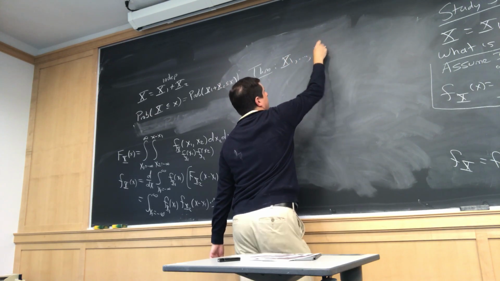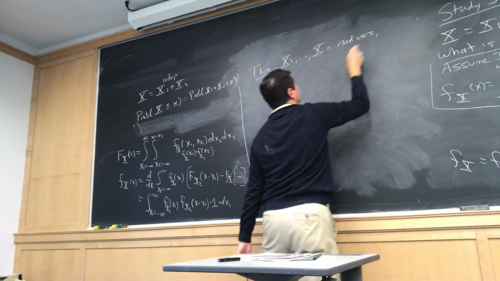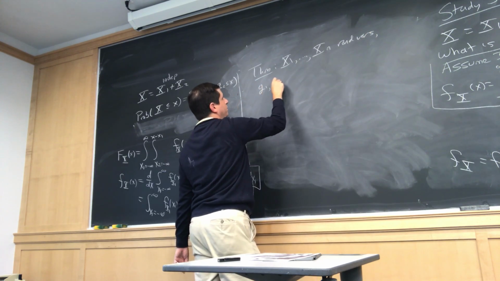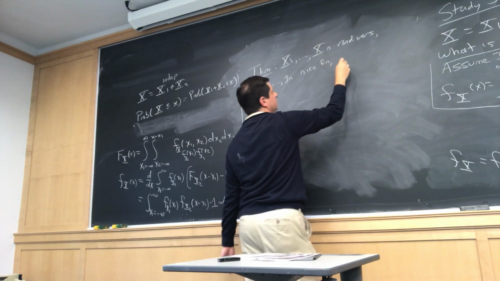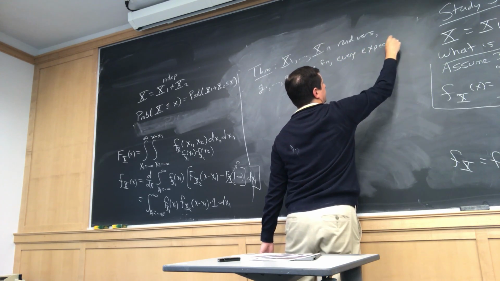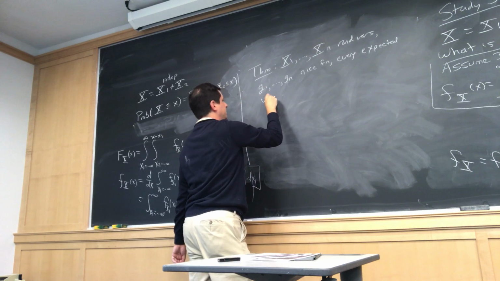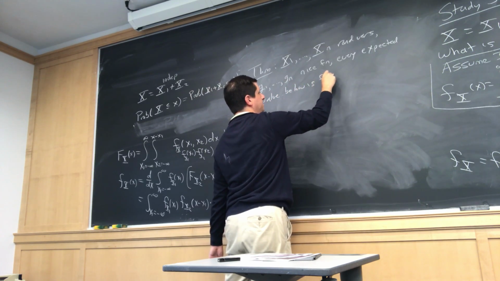x1 to xn are random variables. g1 to gn are nice functions. Every expected value below is finite.